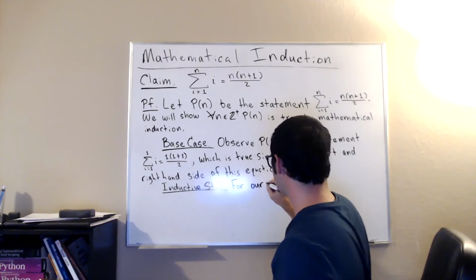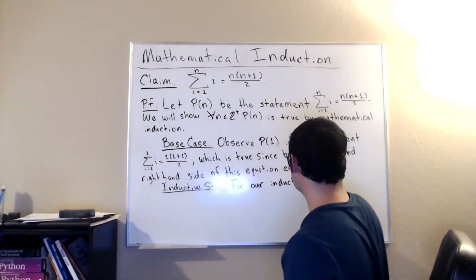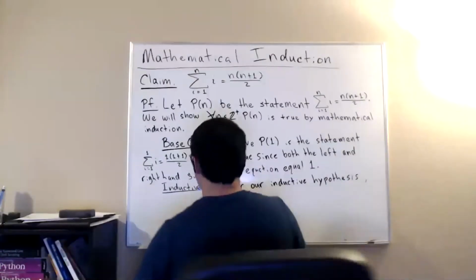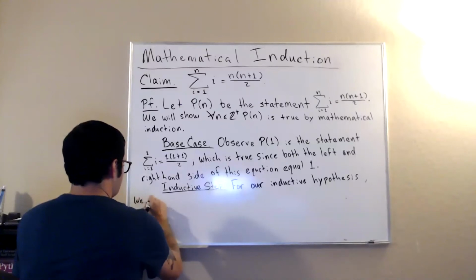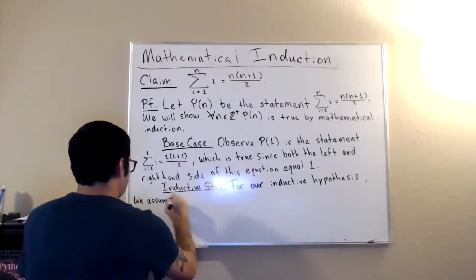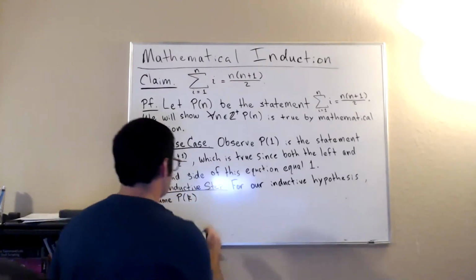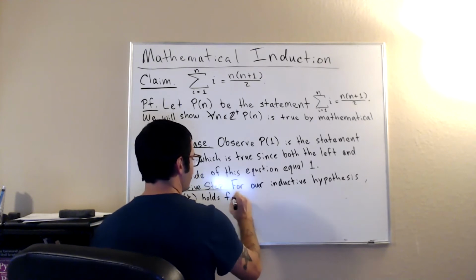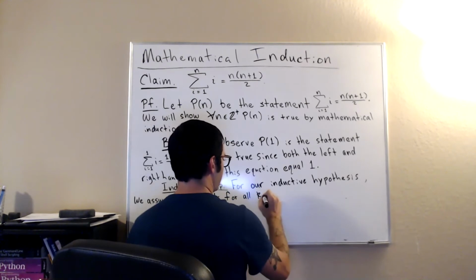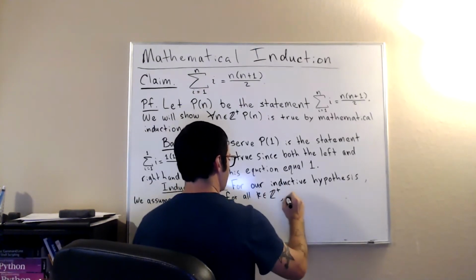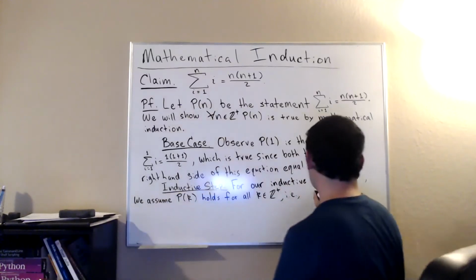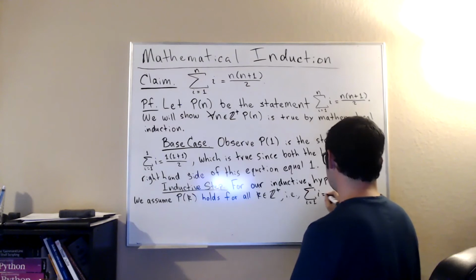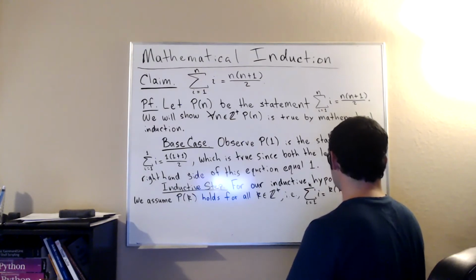For our inductive hypothesis, we assume p of k holds for all positive integers k, i.e. that the sum of i equals 1 to k of i is equal to k times k plus 1 over 2.